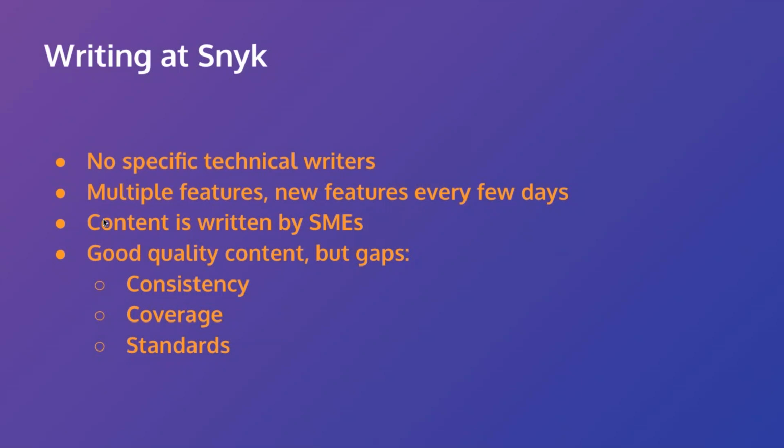Gaps in between features, in terms of stuff that's not necessarily owned by one feature team. So for example, getting started content wasn't owned by any particular team. And there's gaps in terms of style and standards, in terms of adhering to corporate style and making sure that it looks like it's written by one particular voice.